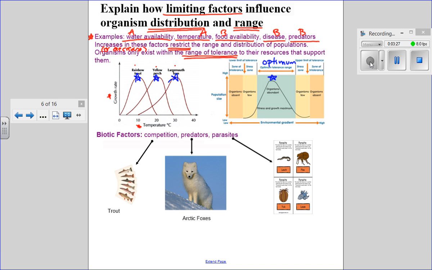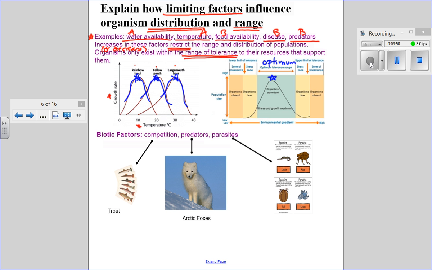Now that part of the graph would extend really in this whole top part for all of those fish. So what we're saying is for the rainbow trout, anywhere between 0 and let's say just about 20, probably 18 degrees, is optimum for growth. For the yellow perch, it's a little bit different.